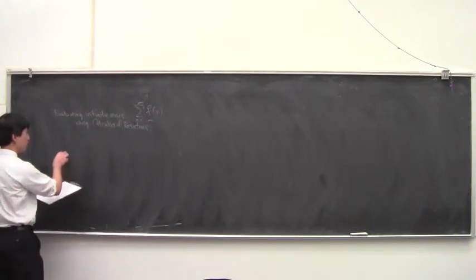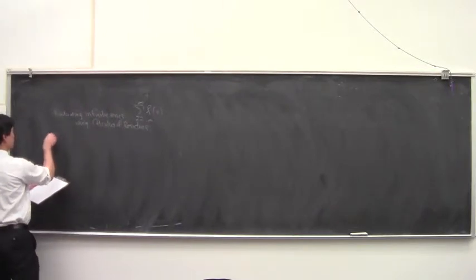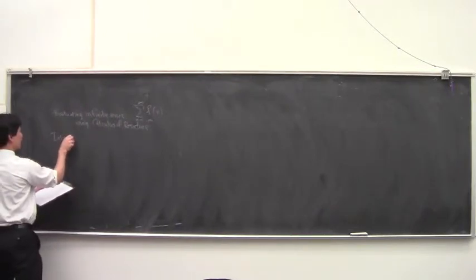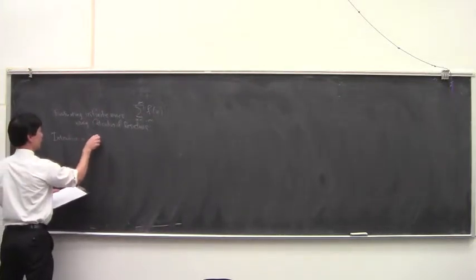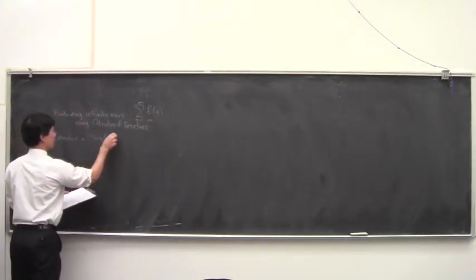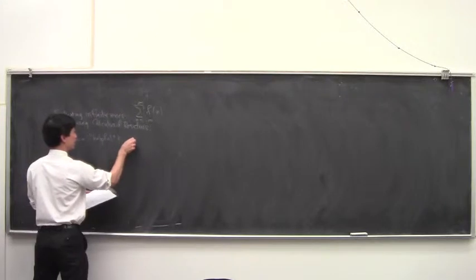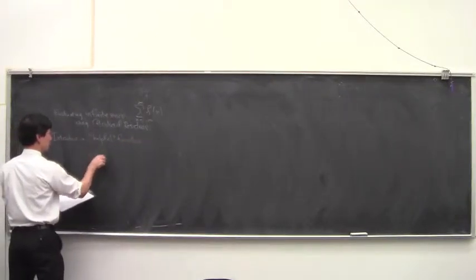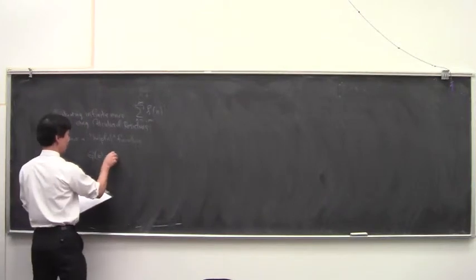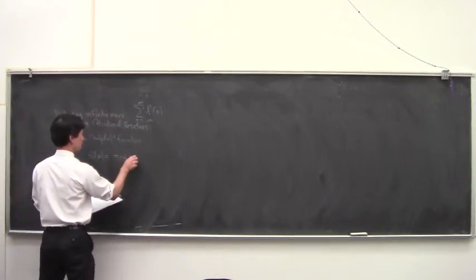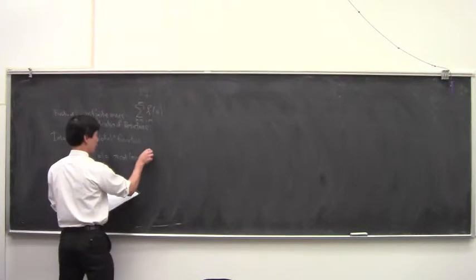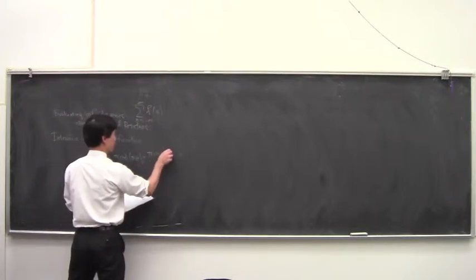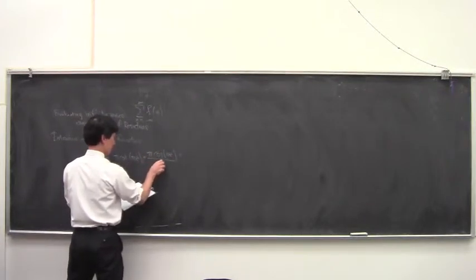So what will be useful is to introduce a helpful function. And that will be this guy. G of z will be pi cotangent pi z. So pi cosine pi z over sine pi z.